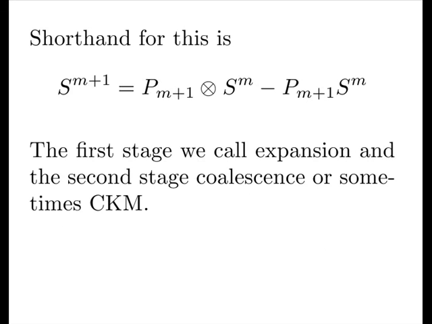Shorthand for this is, our next set is our next prime numbers worth of expanding our current gap set, and removing the induced non-coprime members. The first stage we call expansion, and the second stage coalescence, or sometimes the CKM.